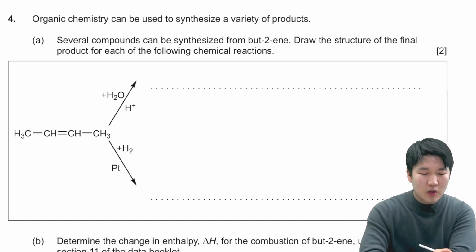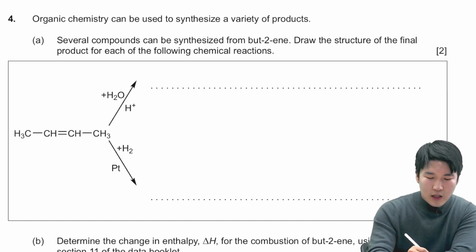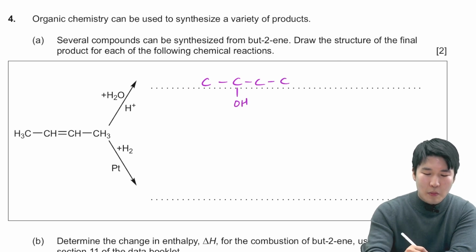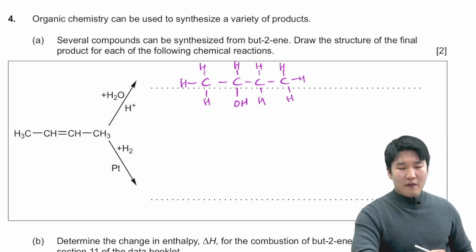We'll break the double bond to insert H2O, so let's just draw these out. We're going to have 4 carbons, and we're going to add our hydroxyl group, making the identity of our product an alcohol. We have butan-2-ol.